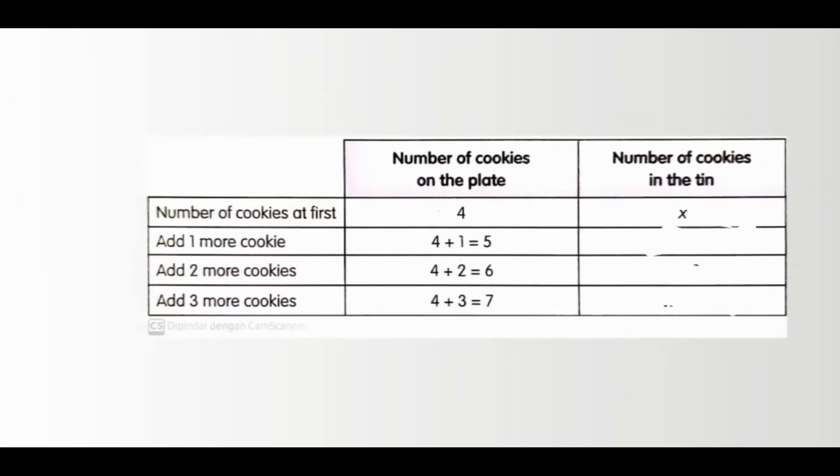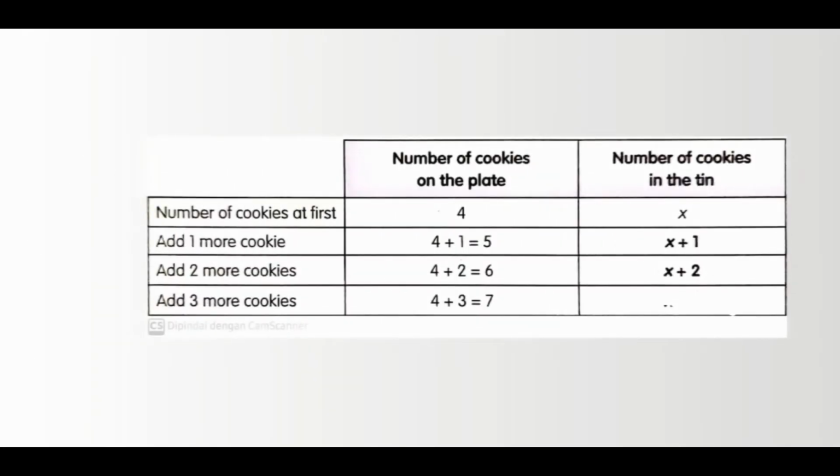This is a table, number of cookies on a plate and number of cookies in a tin. Number of cookies on a plate at first is 4 and number of cookies in the tin at first is x. If you add one more cookie, the plate has 5 and the tin has x plus 1.